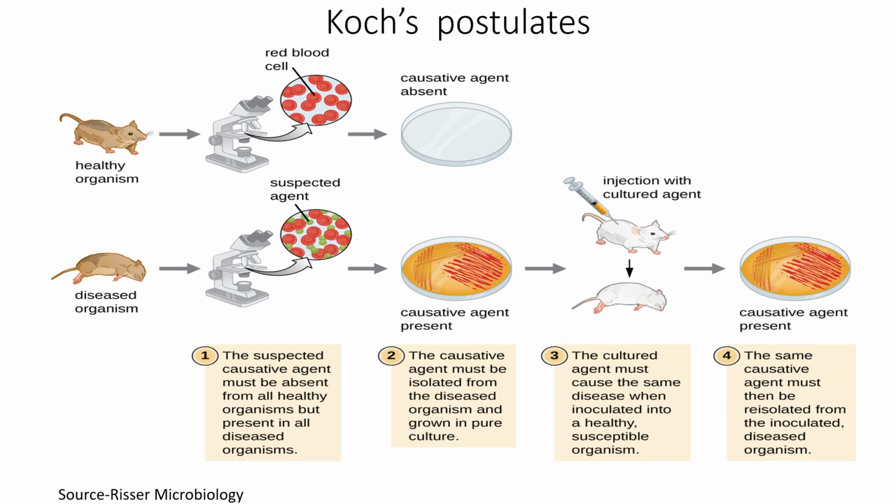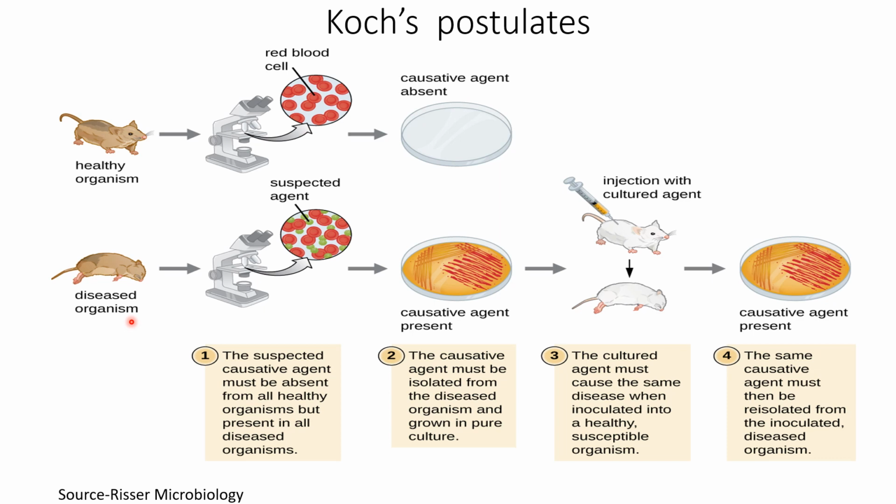So Koch's postulates consist of 4 steps. The first step here is you have to isolate a particular organism from a diseased animal, that is, an animal that has suffered from the disease and has died.